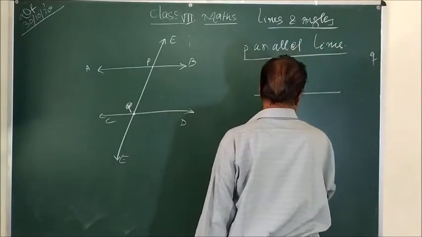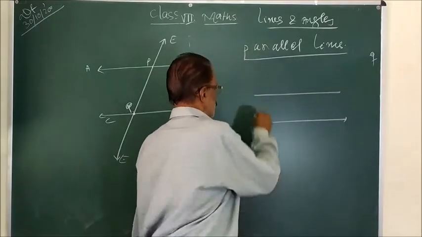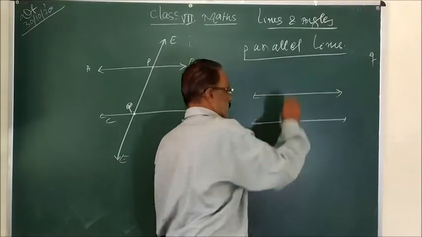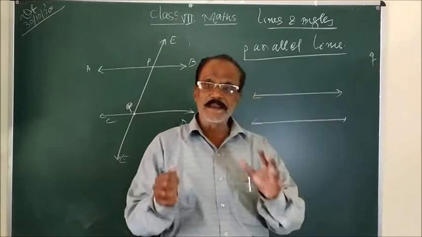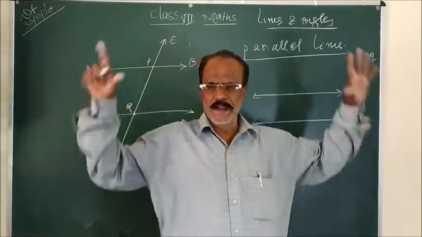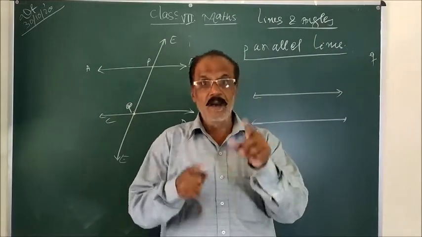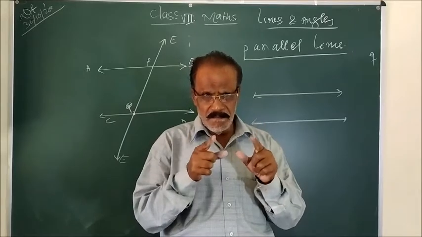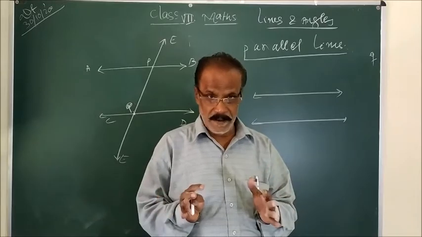If two or more than two lines lie in the same plane, and they don't intersect each other on extending to infinity, those lines are called parallel lines. But the lines should be in the same plane.